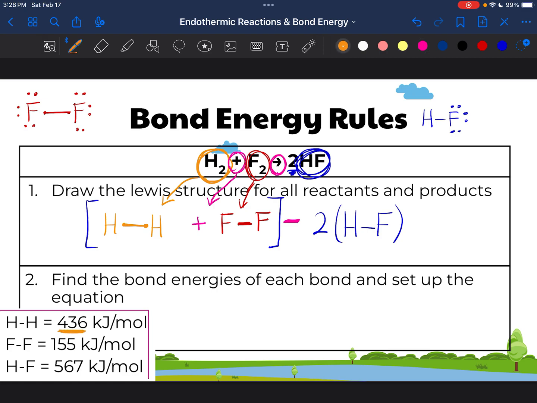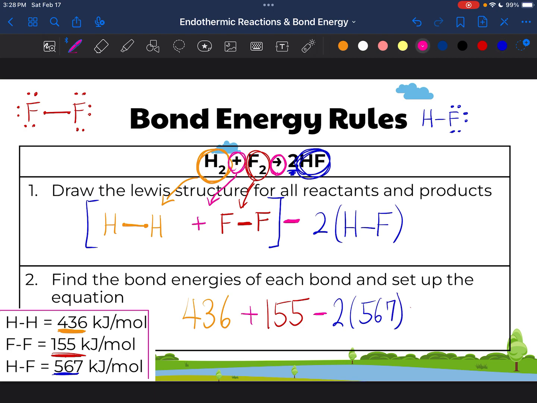HF, we have 436, plus F-F, which is 155, minus 567 for HF, so we do 2 times 567.